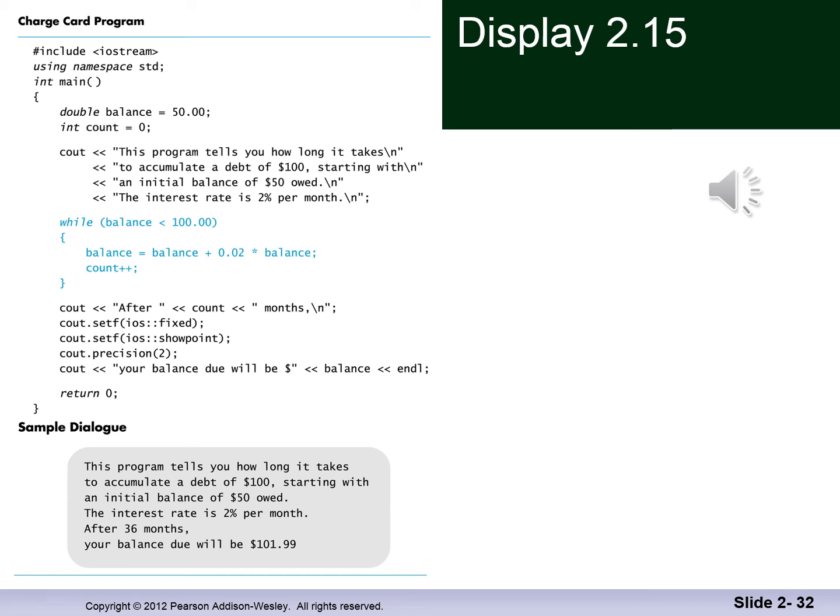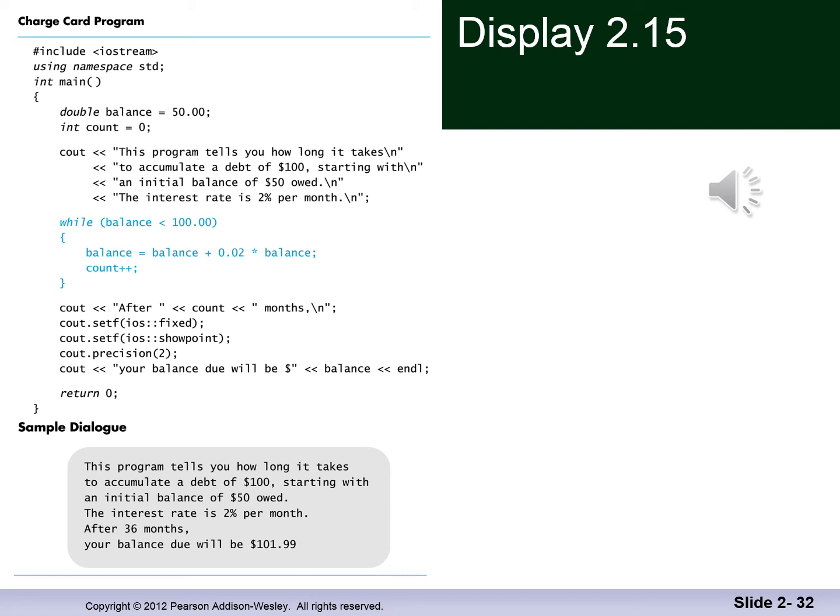We will skip the body of the loop when that becomes false, after having looped many, many, many times. And then we will use a cout statement after, notice the space in the quotes, count months. So we're keeping count of how many months it took for the expression to become false.